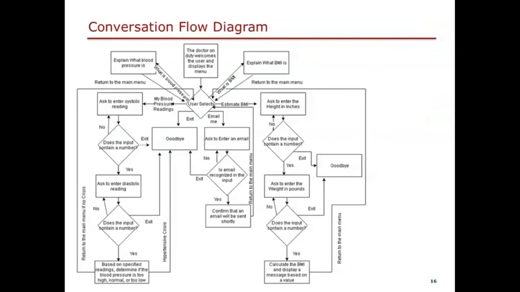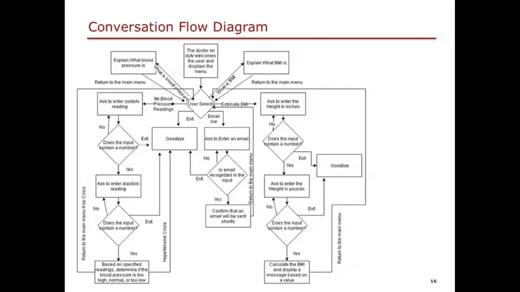When the user signs in, the user logs in, he or she will be welcomed by the doctor on duty. And then this block here determines what the selection is. And based on the selection, it takes a path here. For example, if it's blood pressure, it goes here. And at the very end, it could take two actions. It could either send you to goodbye, if you're in danger, or it can send you back to the menu.